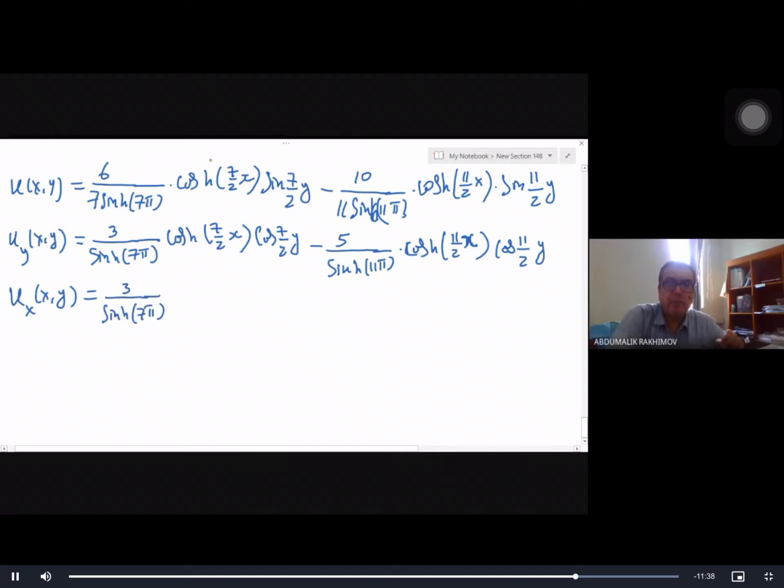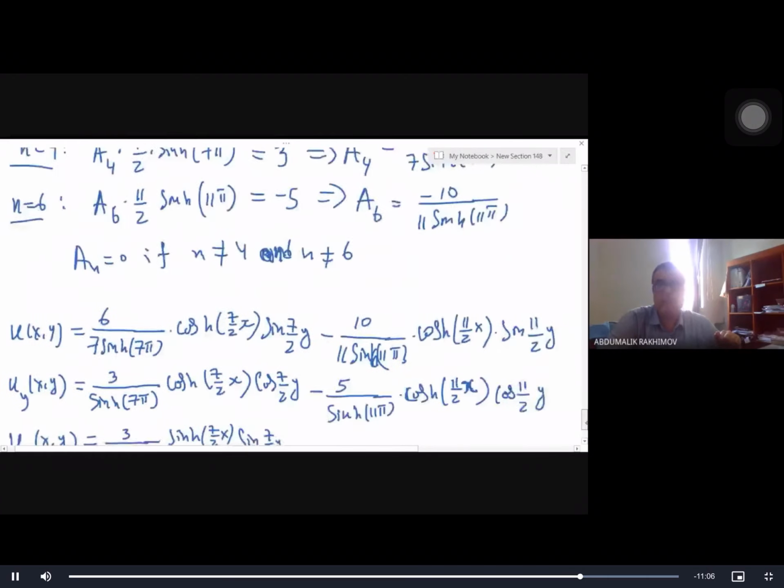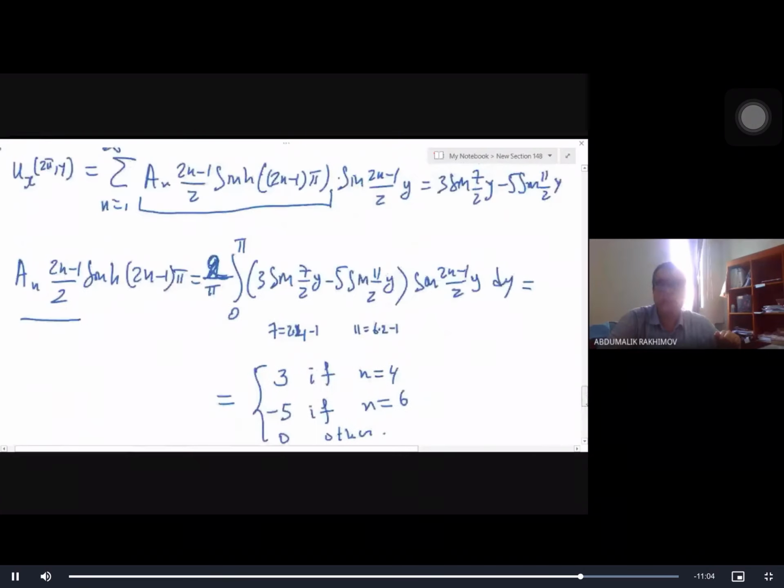From the derivative of cosine, I have 7/2, then cosine became sine, sine hyperbolic 7/2 x, then sine 7/2 y. Okay, done. Now the derivative of this; oh, this is not cosine, this is sine, all cosine there, because B was 0 in our case.